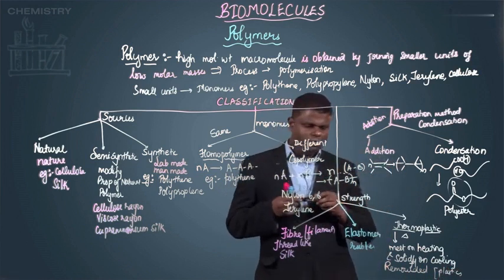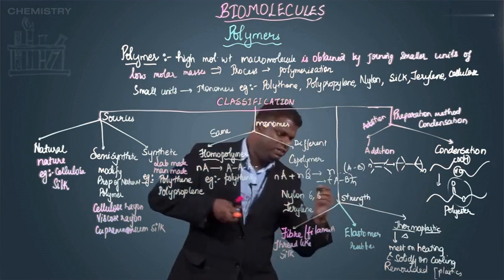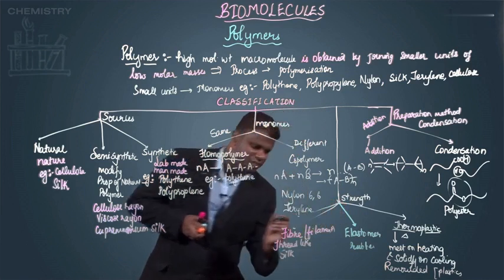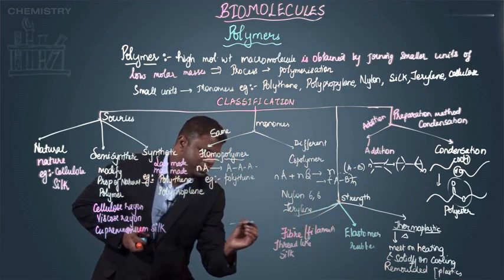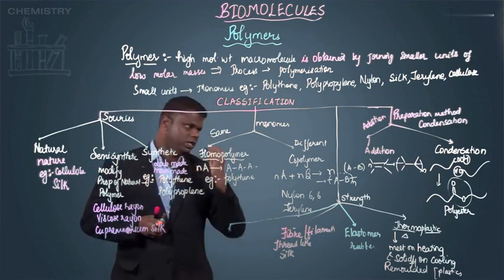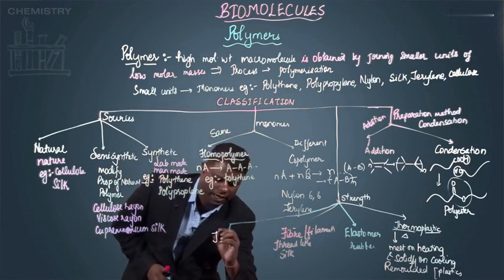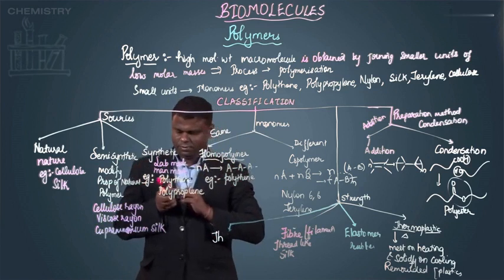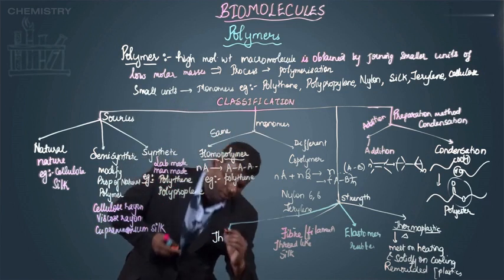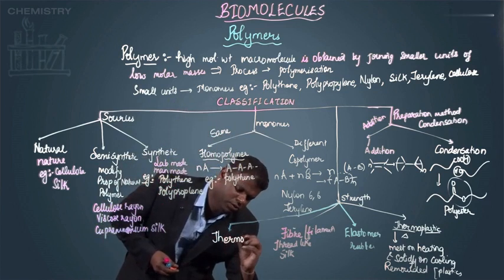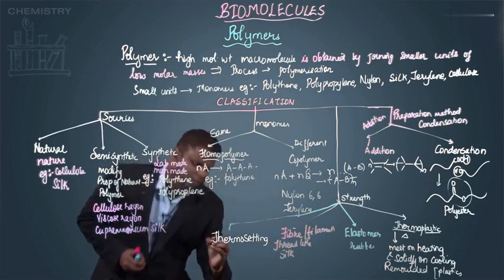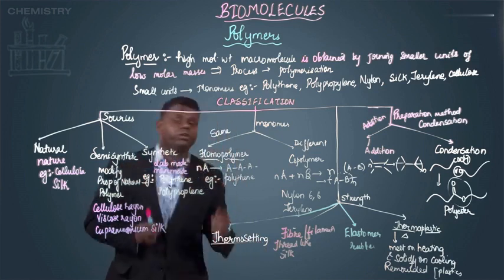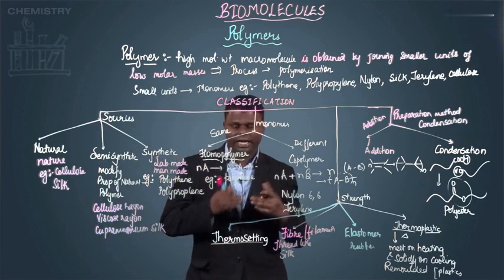Then you have the next classification, which I am writing on the other side. It is exactly opposite of thermoplastic, so you call it thermosetting. What do you mean by thermosetting? They cannot be molded again and again.